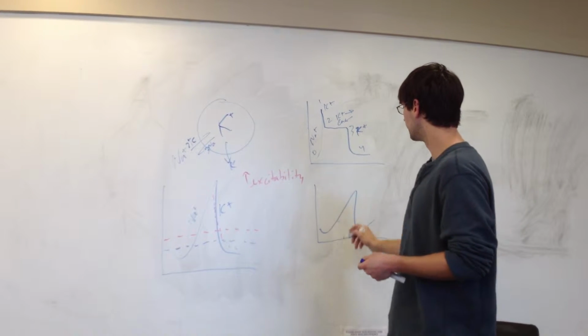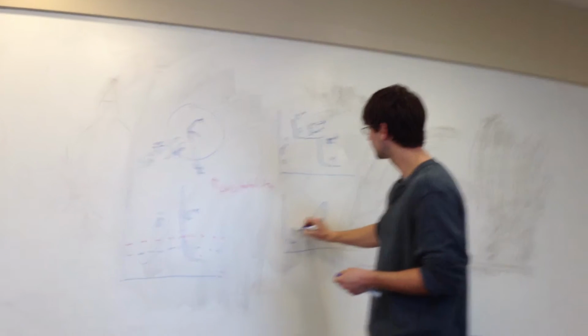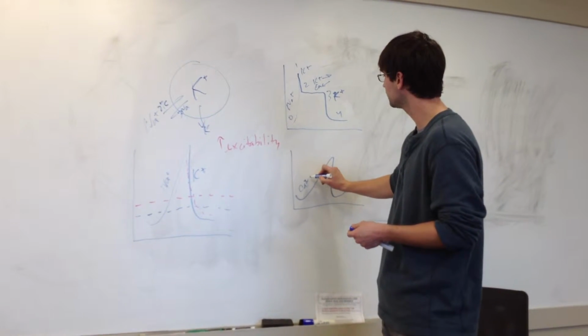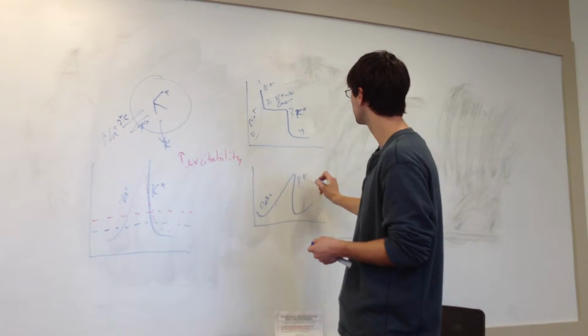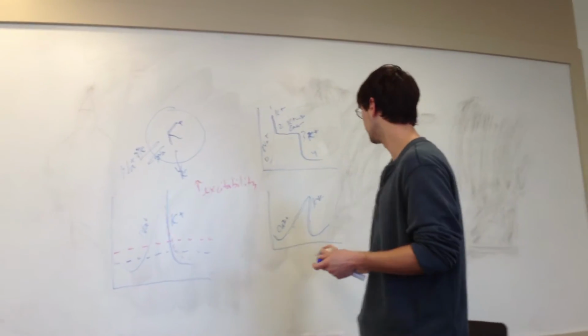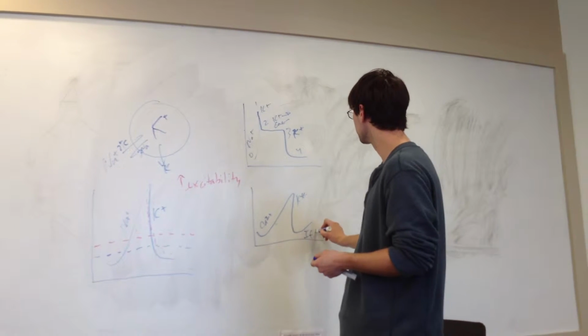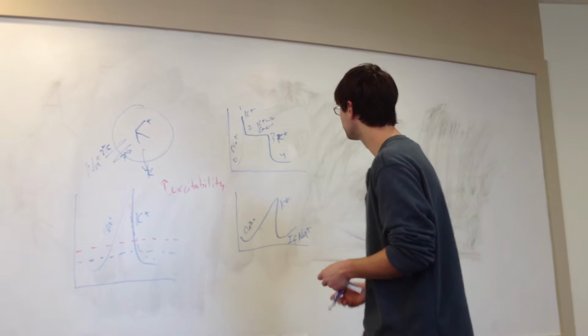And with your SA node and pacemaker cells, you've got calcium depolarization followed by potassium repolarization, and then resting membrane potential. Well, depolarization is largely determined by what's called the funny current. It's largely determined by sodium.